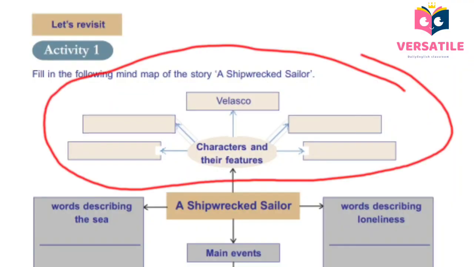We have spaces for writing the name of the characters. There are many boxes there for writing the name of characters, so you can write the name of characters in those boxes.